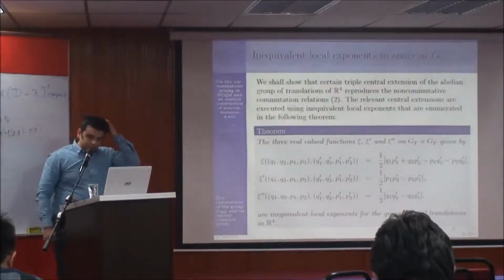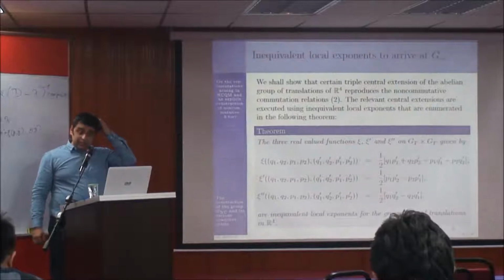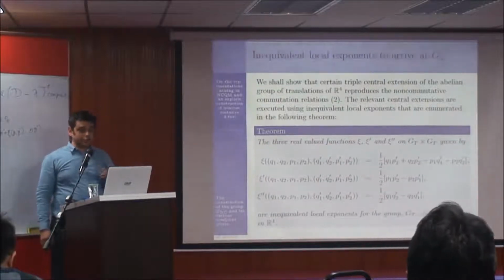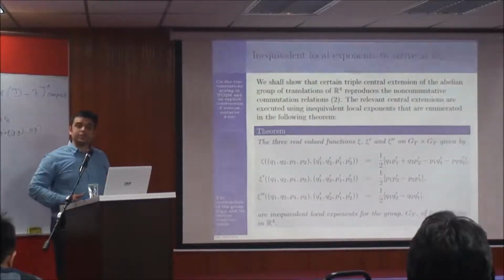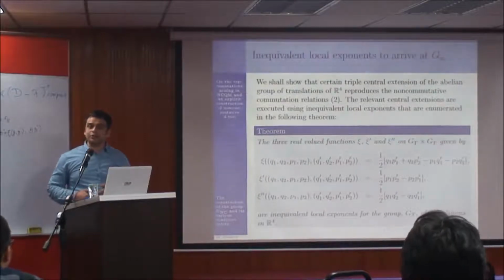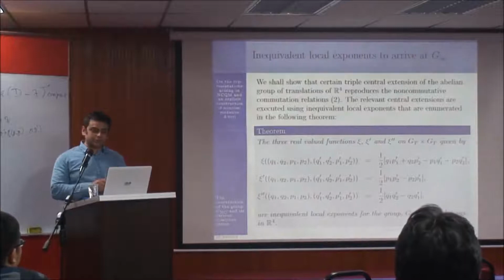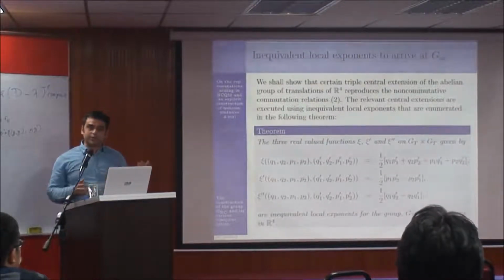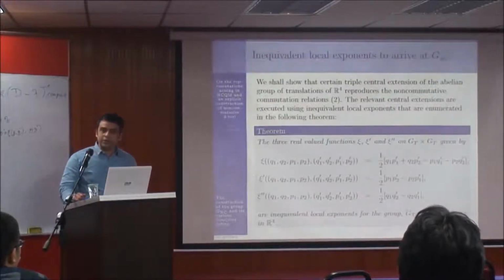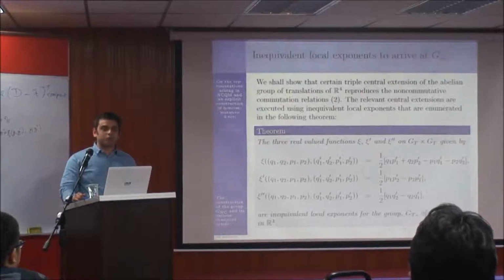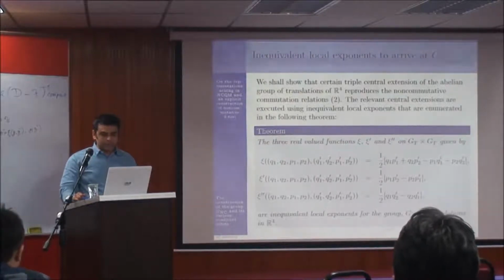Here appear the three inequivalent local exponents that we need to centrally extend the abelian group of translations of R4. These are explicit expressions of them. In the paper that I mentioned earlier, there is a proof that these three are indeed inequivalent local exponents in the sense of Bargmann.